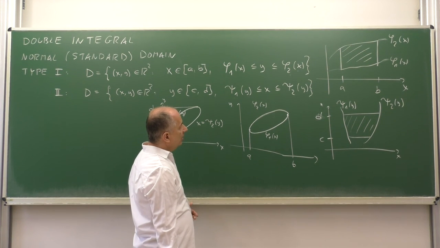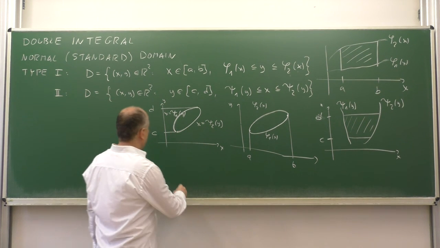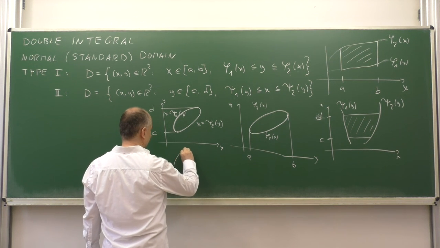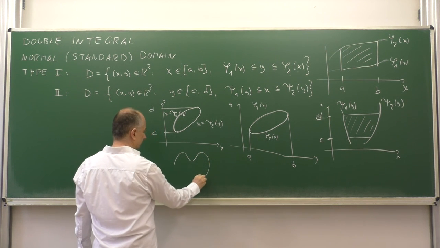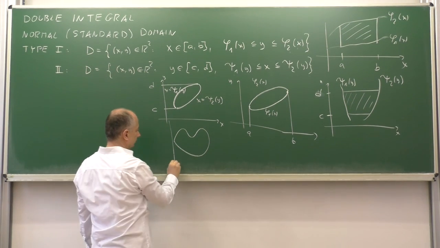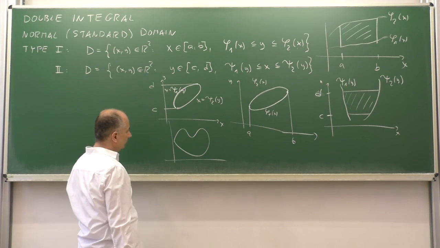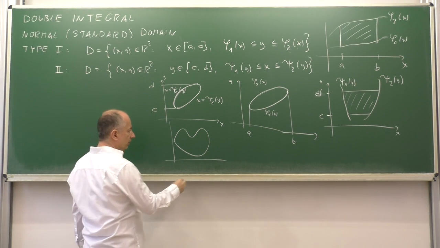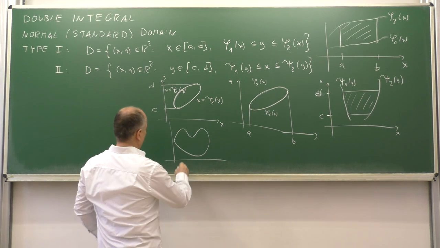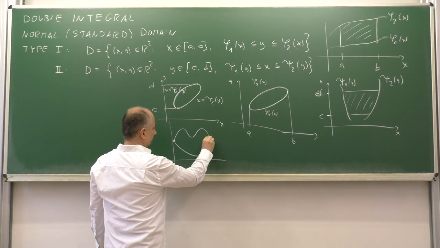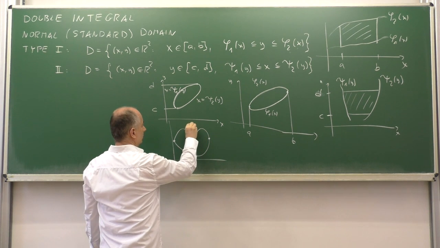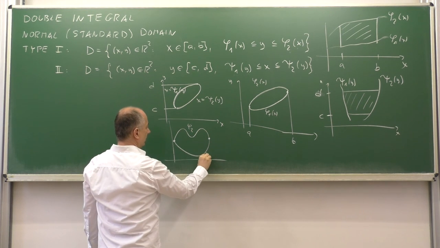But sometimes, however, a shape like that, it is quite straightforward to consider this as a type 1 domain. This is phi2 and this is phi1.